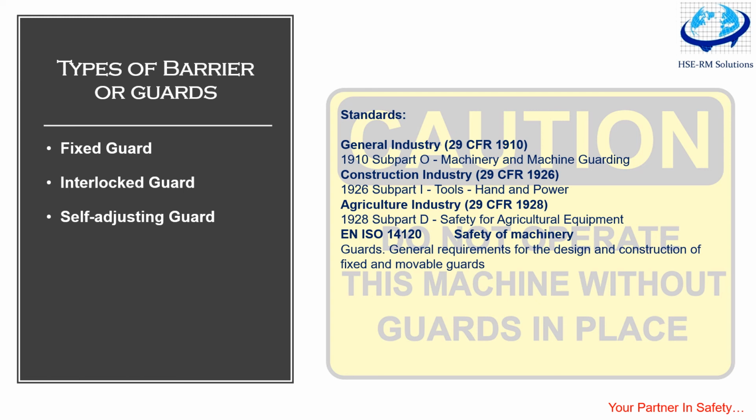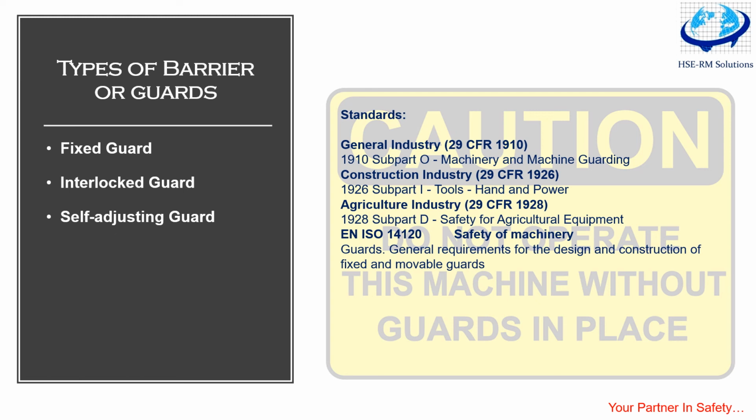After the workpiece is removed, the guard returns to its rest position. Self-adjusting guards are commonly made out of metal, plastic, and other materials. An important point to understand here is that a self-adjusting guard is not a very effective means of protection, but its advanced form equipped with an interlock provides good protection.